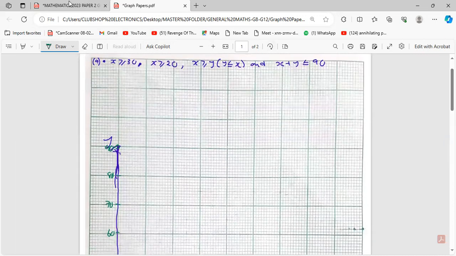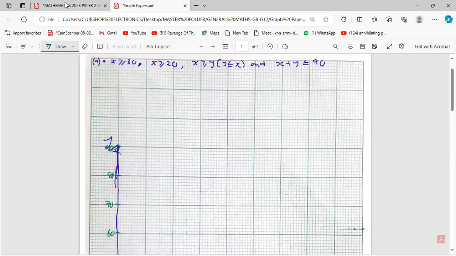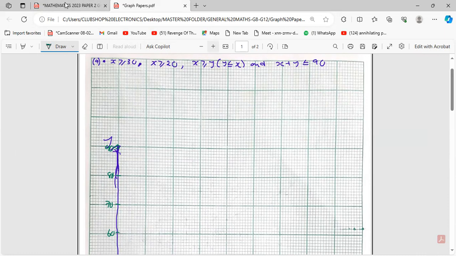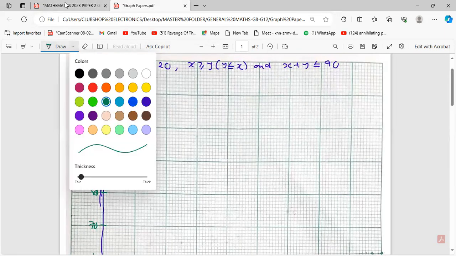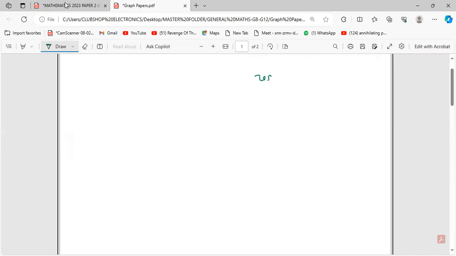We are dealing with question 2, part B. We can just write here: for B, refer to the graph inequalities, that is the shaded line.